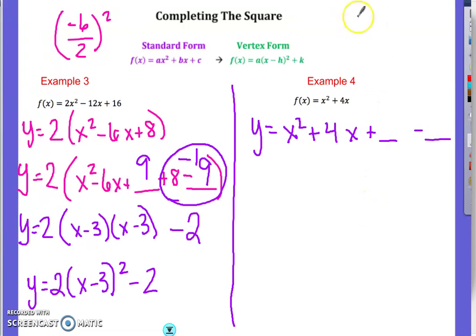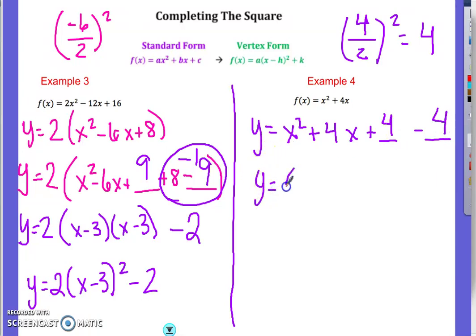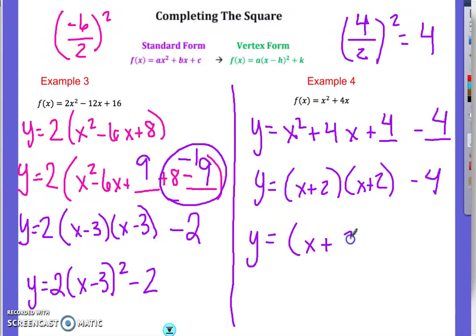What goes in that blank is still the same. 4 divided by 2 squared is 4. Okay, and we factor that. And we still have a 4 on the outside. And this is my final answer. So this one, not scary, just kind of different. Okay.